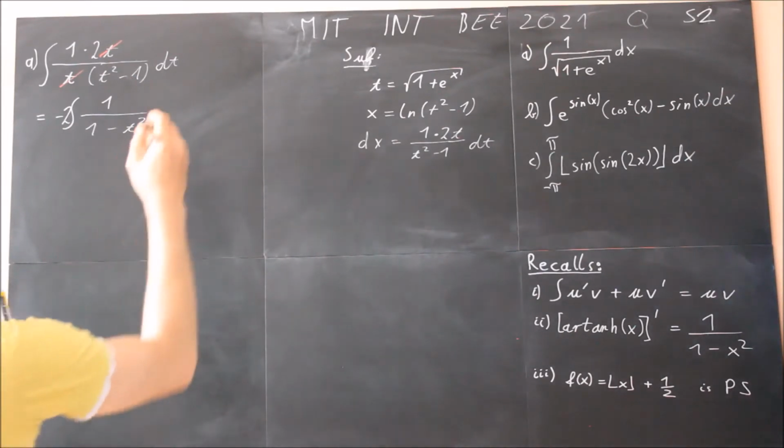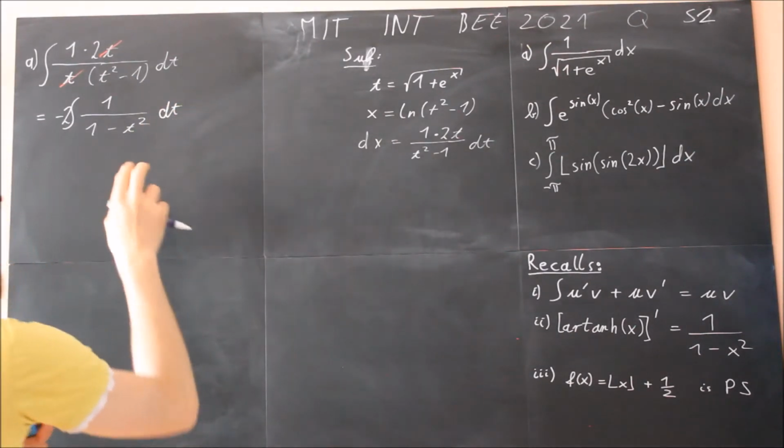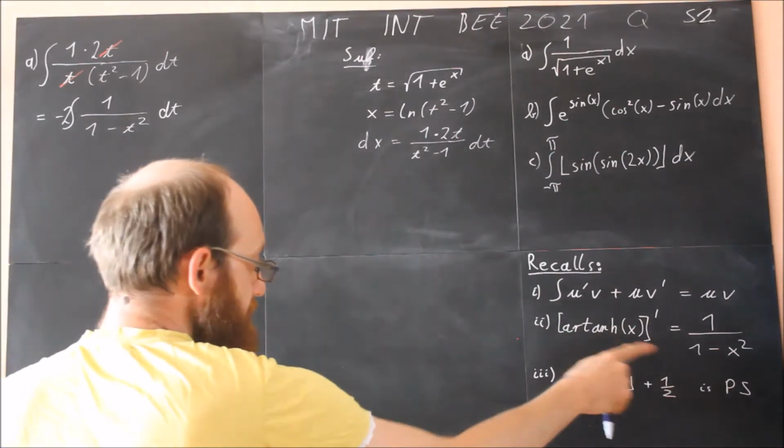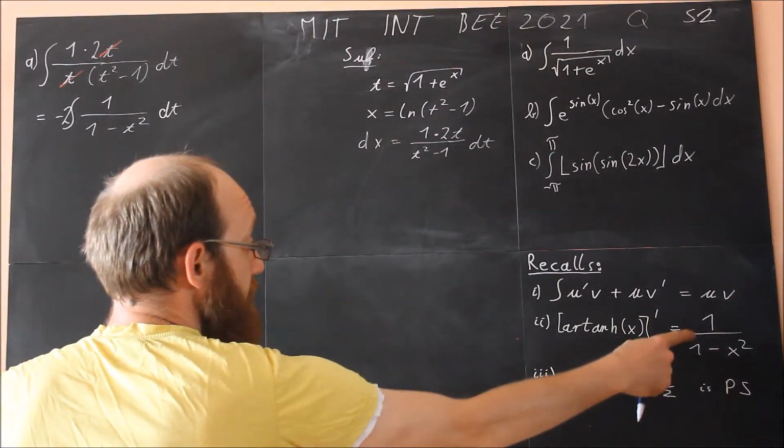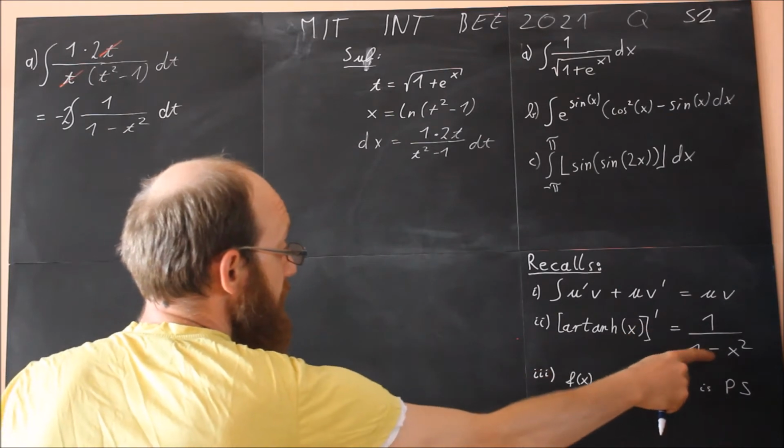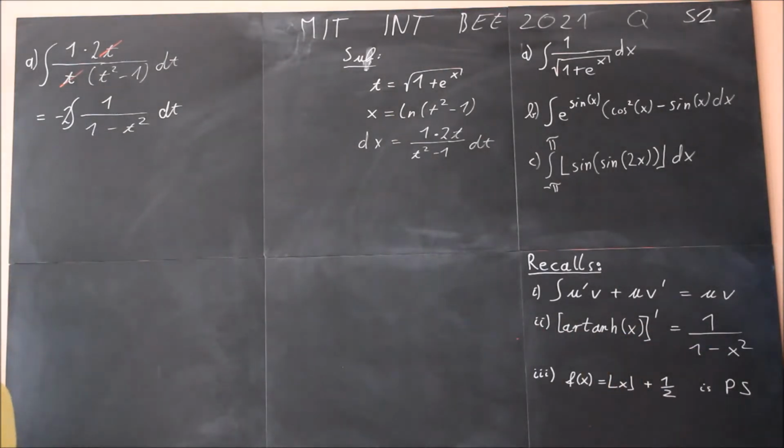And now we see that we can use our recall. So the integral of 1 over 1 minus x squared is the inverse hyperbolic tangent.